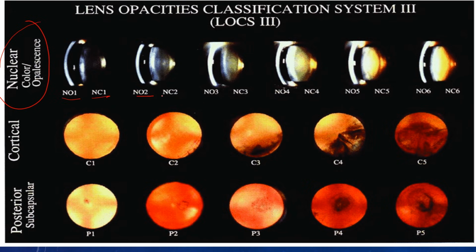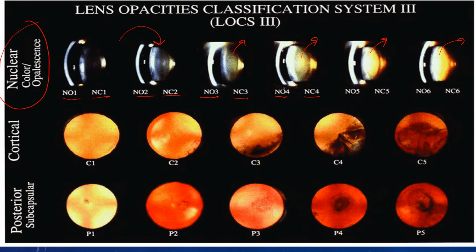Then NO2, NC2, it has started to get opacified, slightly, with that whitish color coming up. NO3, NC3, some sort of greenish color coming, NO4, NC4. Here it is becoming more yellowish, and then going towards the brownish. So like that you have 6 images from NO1, NC1 to NO6, NC6. NO means nuclear opalescence and NC means nuclear color, right?